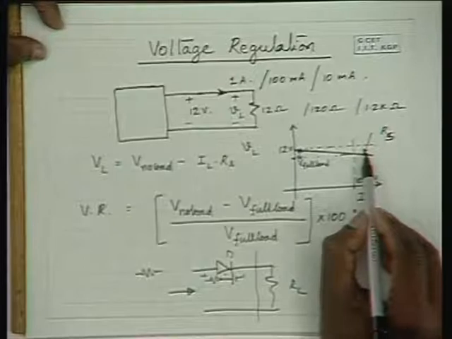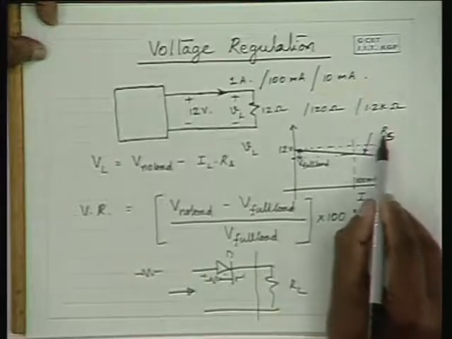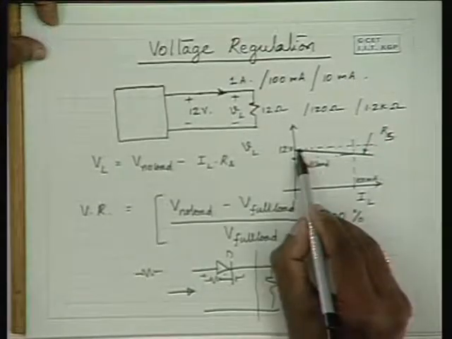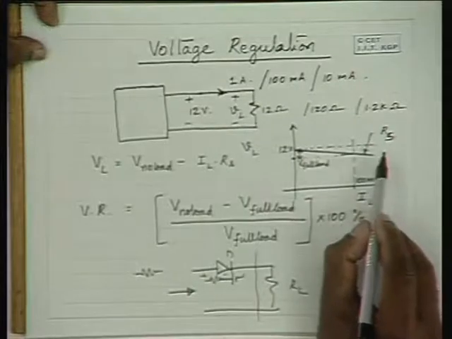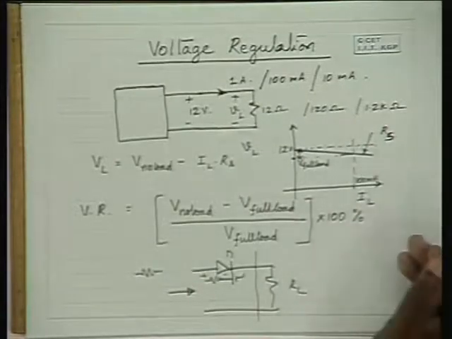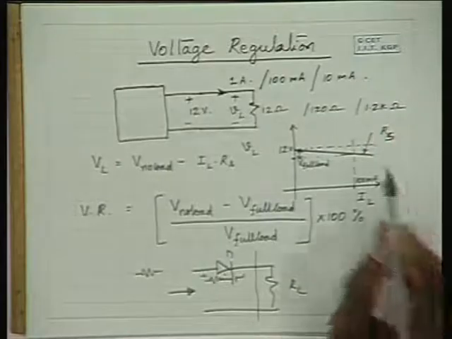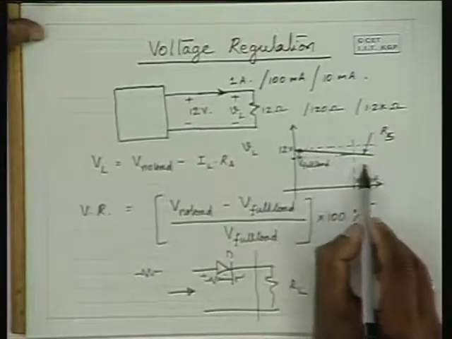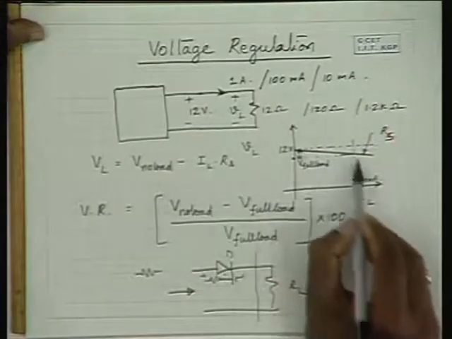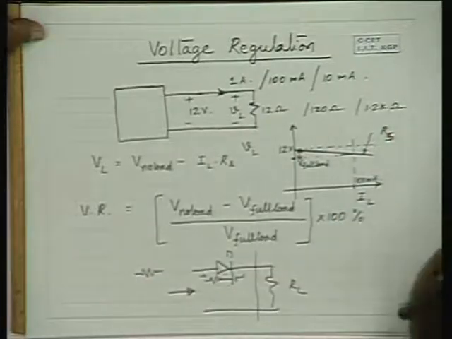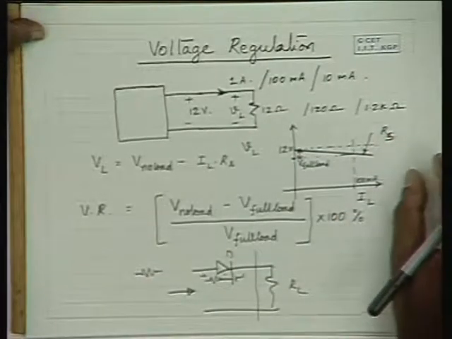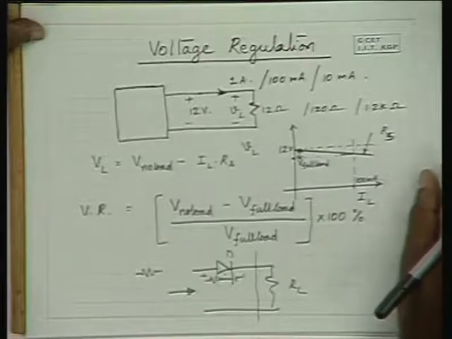It has ohms as units. So RS is the slope. If the source resistance is 0, naturally slope is 0 and percentage regulation is 0. If the source resistance is large, then this drop is large and percentage regulation is large. Therefore, we want the percentage regulation to be as small as possible with power supplies.